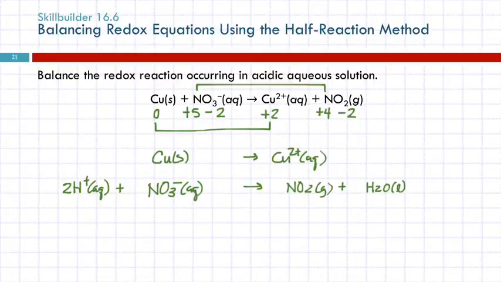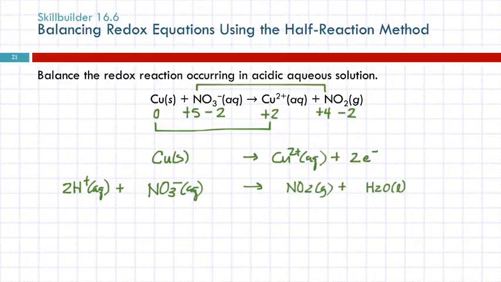Okay, now we have to put electrons in and balance the charges. So the first one's easier. We've got 0 on the left plus 2 on the right. So if we put 2 electrons over here, then we'll have 0 on both sides. Down here, I've got 2 H+ and 1 NO3-. So I've got plus 2 and minus 1.